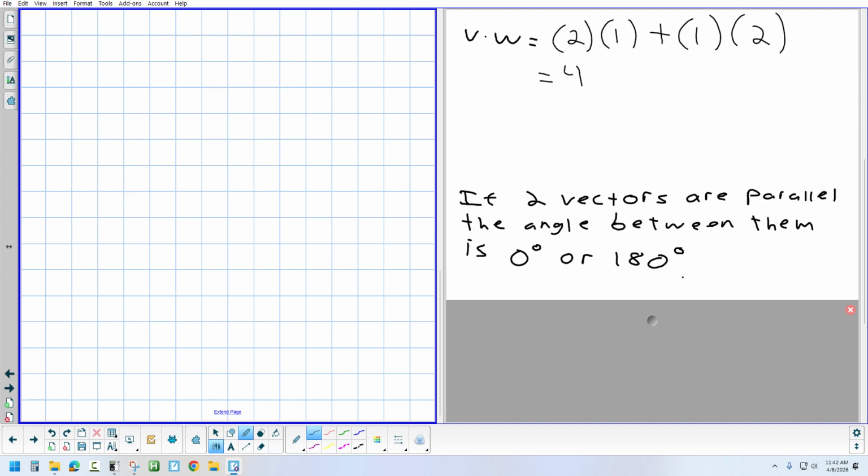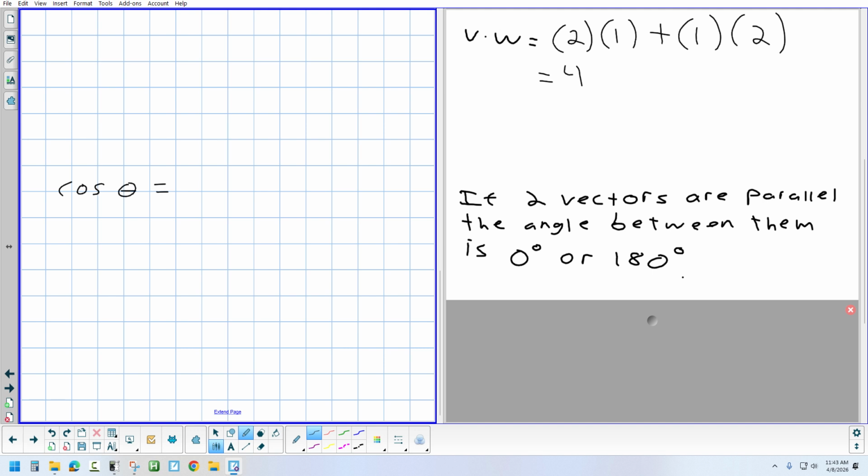So let's try our formula and see if we can come up with a shortcut for parallel. What's on the left side of our formula to find the angle? Yep. Cosine theta.